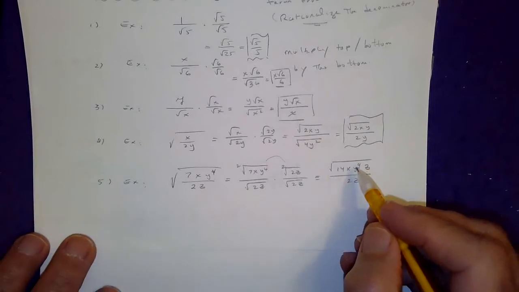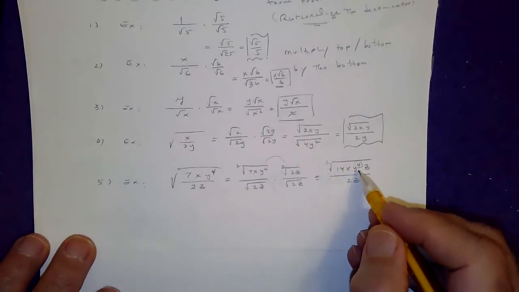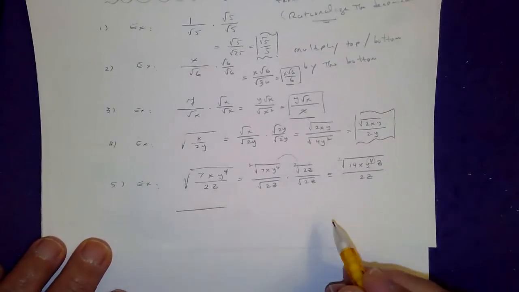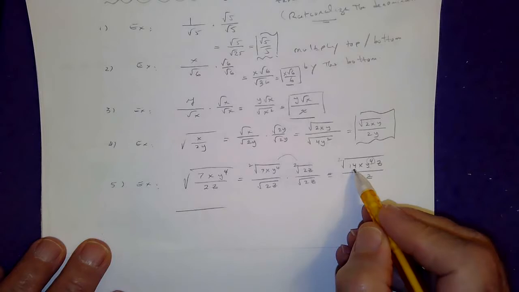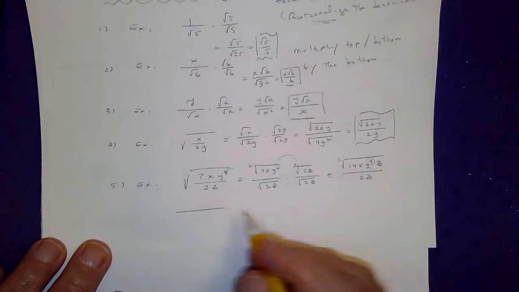The problem is the index is smaller than the power of the y. So this has to be simplified. How? 2 divides into 4 twice.